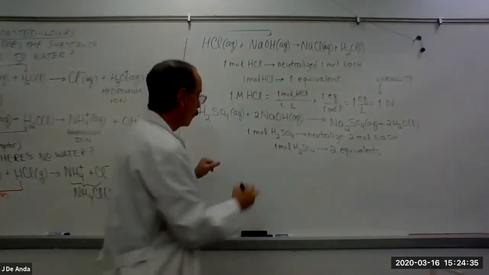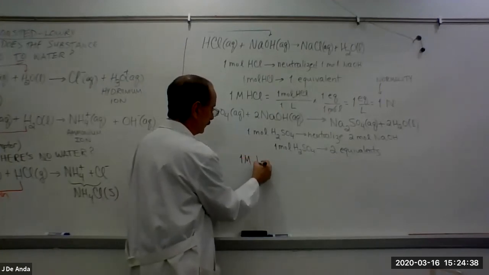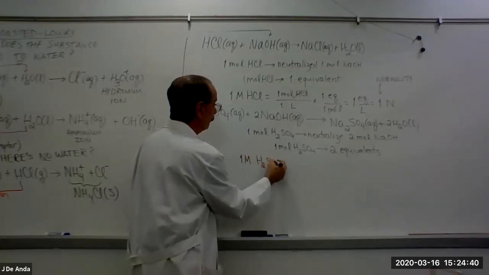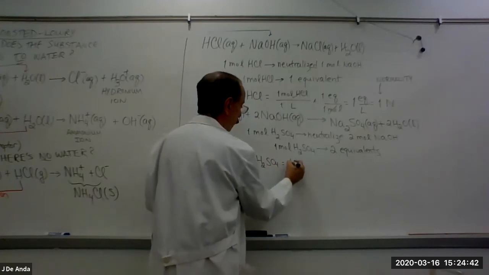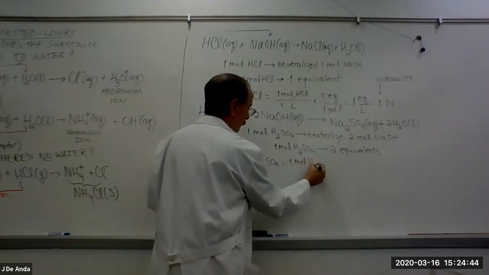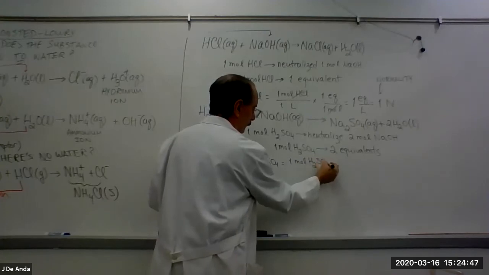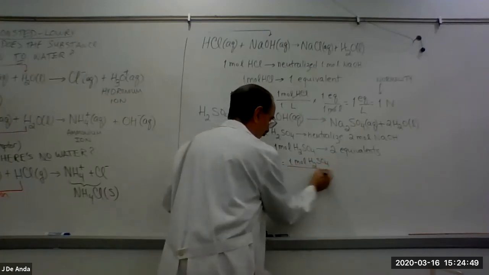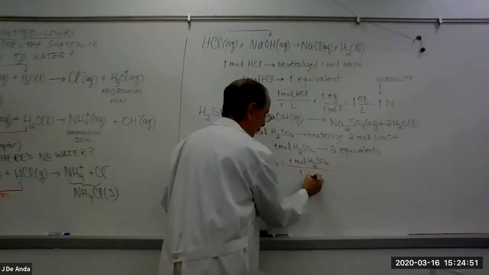So if I now have a 1 molar solution of sulfuric acid, that means I would have 1 mole of sulfuric acid for every liter.